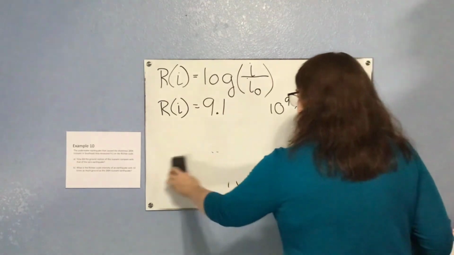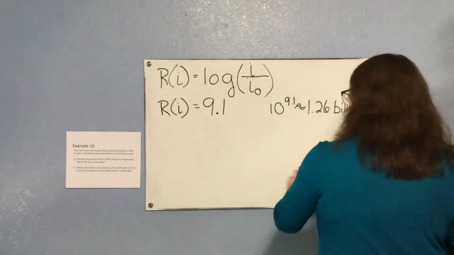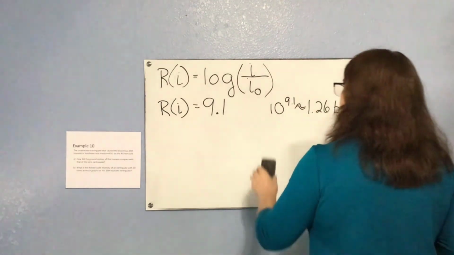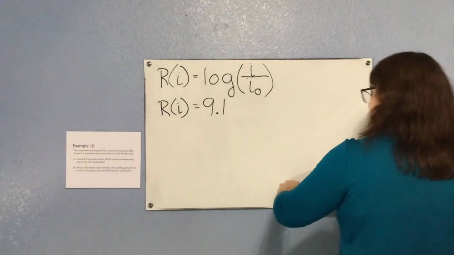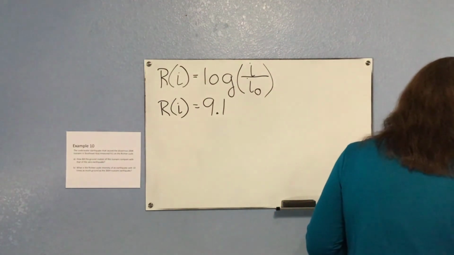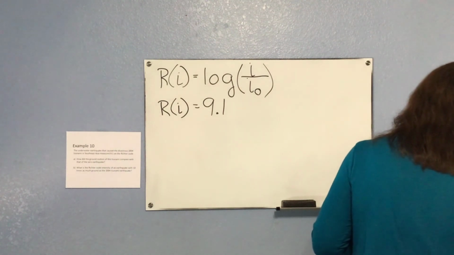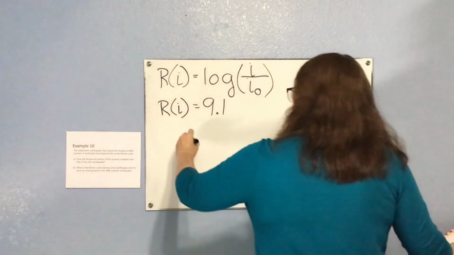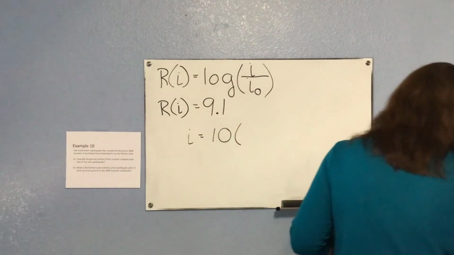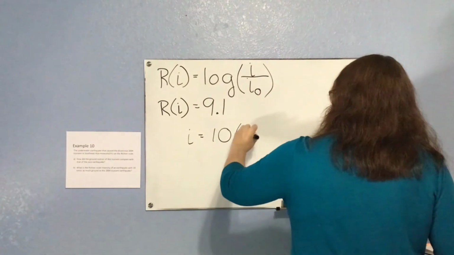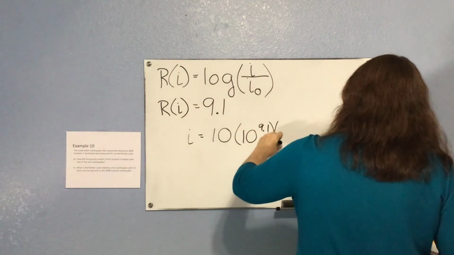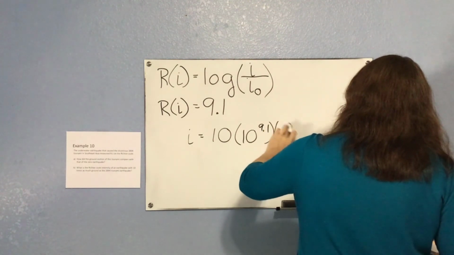Okay, another question now. What is the Richter scale intensity of an earthquake with 10 times as much power as the 2004 tsunami earthquake? So we're going to say the intensity is 10 times as much as our 10 to the 9.1 times I sub 0.